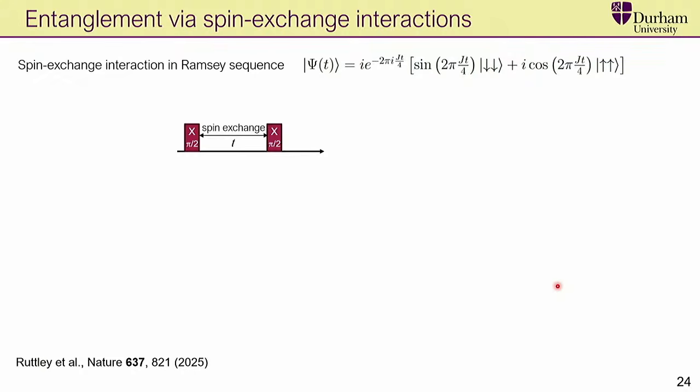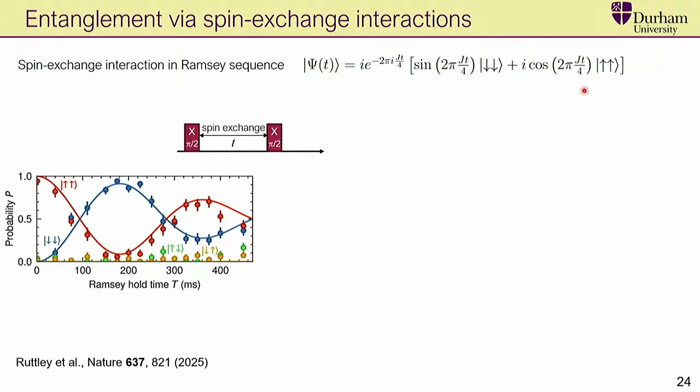The simplest, fastest way is actually to do the Ramsey sequence. So just do 2 pi by 2 pulses. During this time, the molecules are interacting through the spin exchange. And the output of this is oscillations between down-down and up-up as a function of this time. So that's what we do.